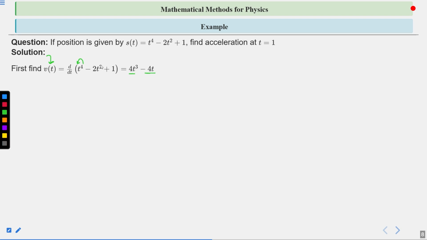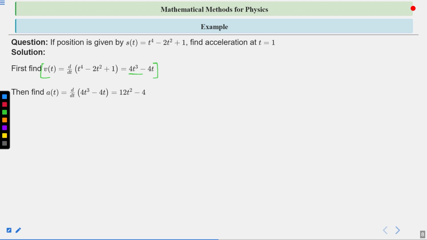Minus, again the power comes outside, so it becomes 4 and minus 1 from the power, so it will be t. So the final equation is 4t cube minus 4t, and the derivative of the constant term is 0. Now we know v of t is equal to 4t cube minus 4t.